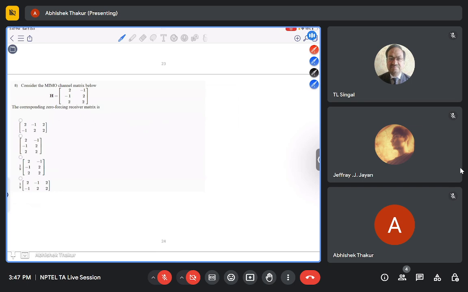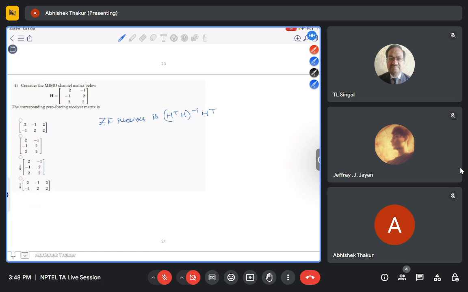Consider the MIMO channel matrix below: 2 minus 1, 2 and minus 1, 2, 2. The corresponding zero forcing receiver matrix is? So the ZF receiver is given as the inverse of H transpose H, into H transpose.